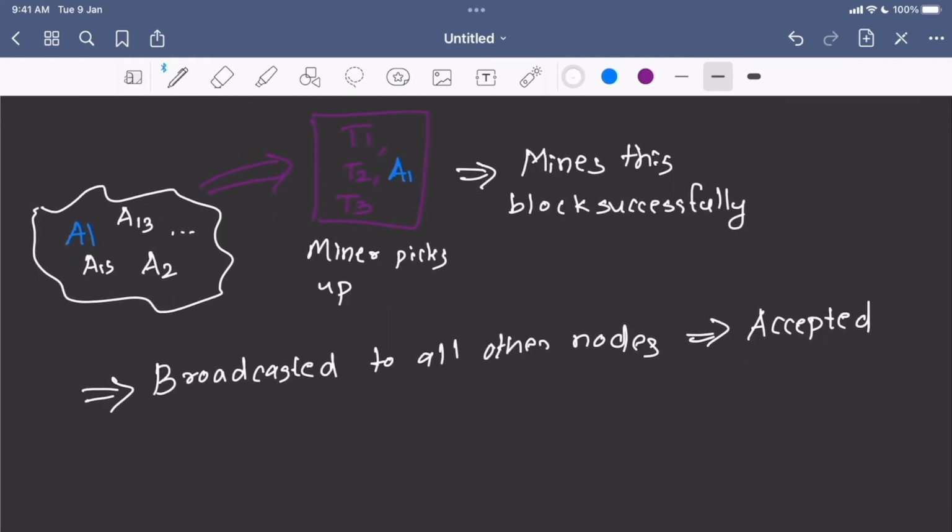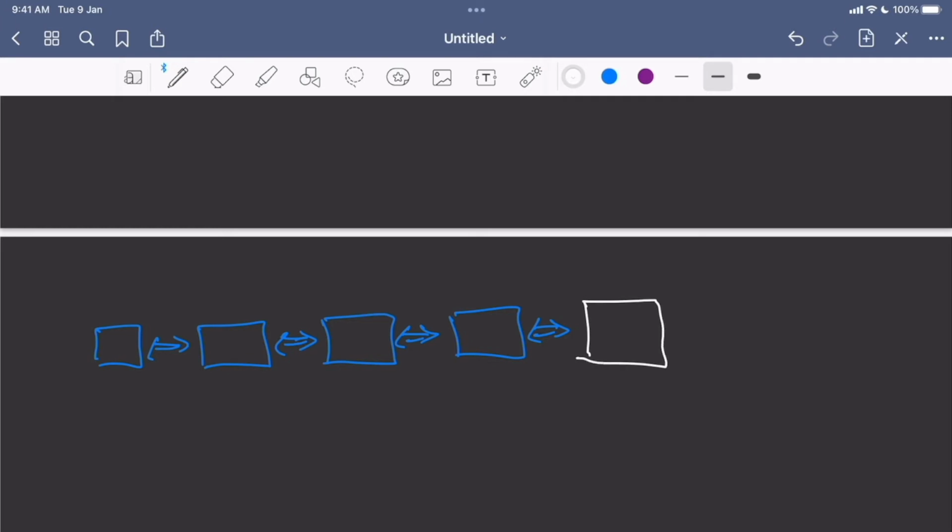Now let's draw our chain status. So this is our chain. And this is the newly mined block. So this was accepted and it was mined and it contains our transaction A1.